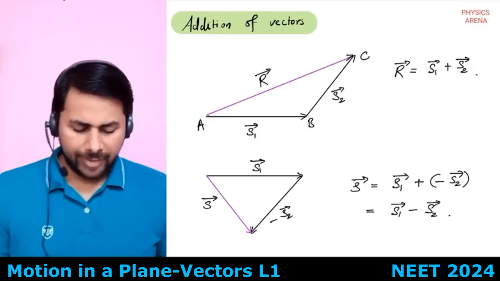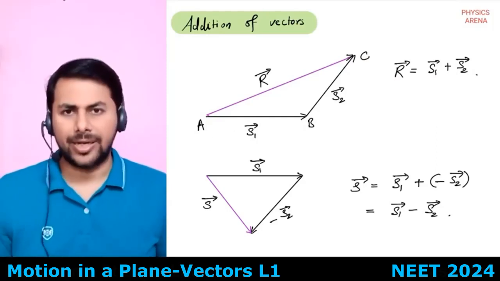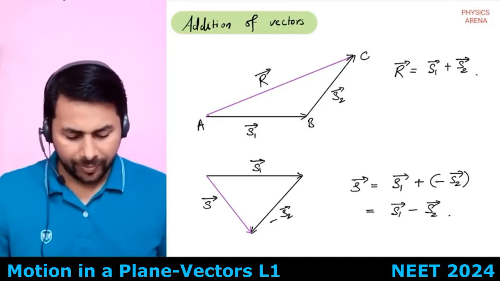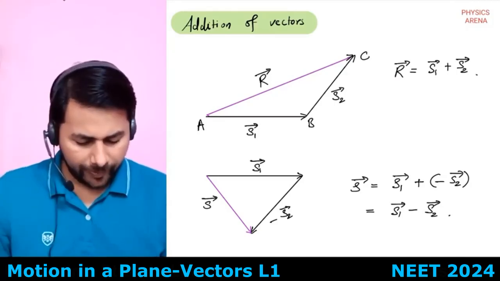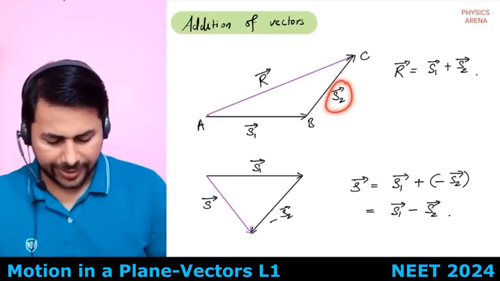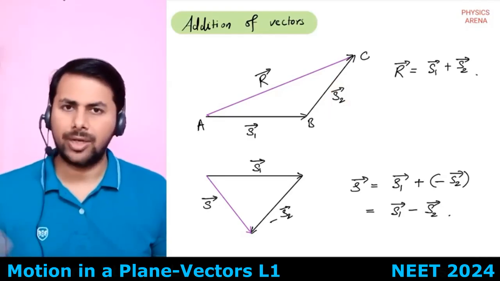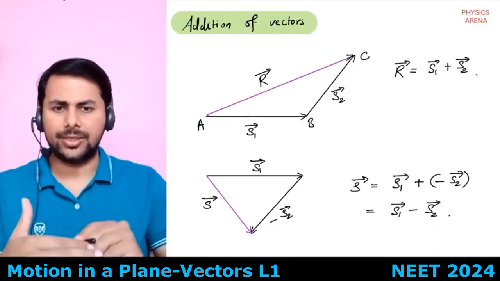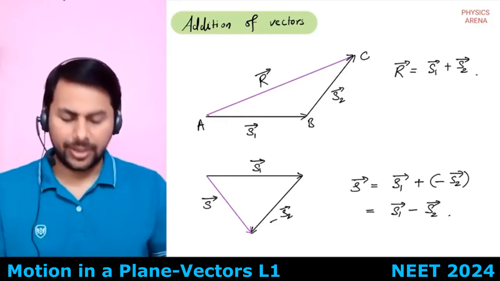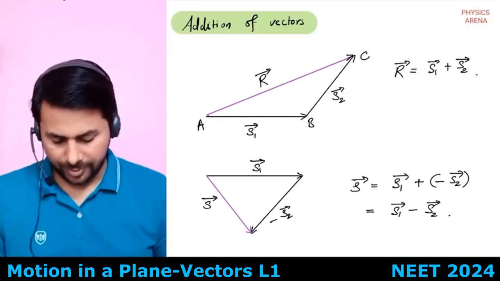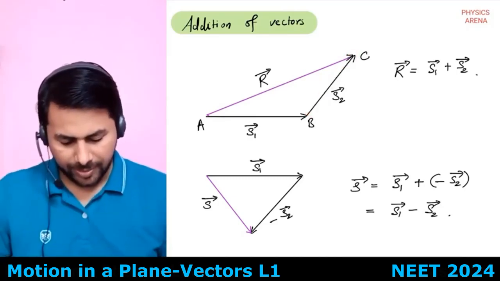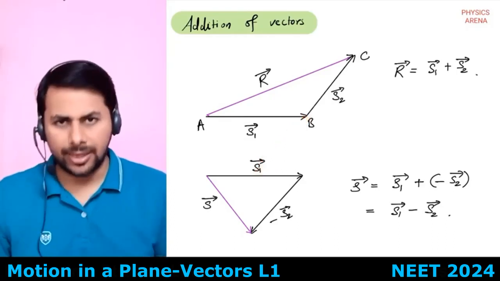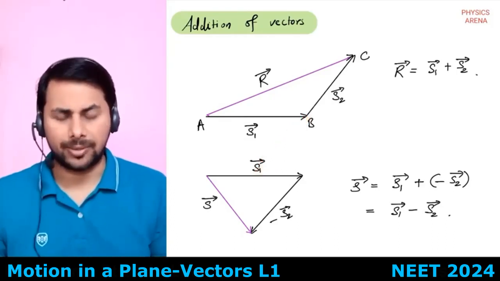So now we can make use of this triangle law to subtract two vectors also. How are we going to do that? Let's suppose I want to subtract this S2 bar from S1 bar. This is my S2 bar, I will just tilt it in the opposite direction. I will get minus S2 bar. If I draw a vector in the opposite direction having the same magnitude, that will be minus of S2 bar.